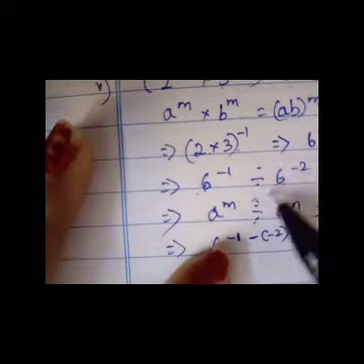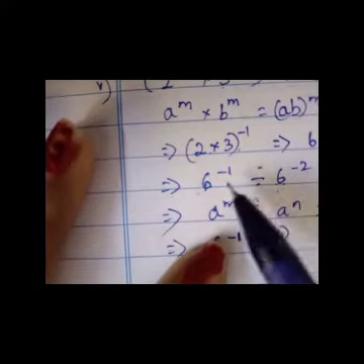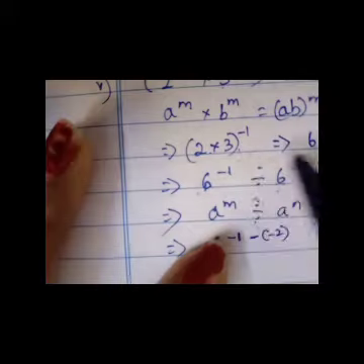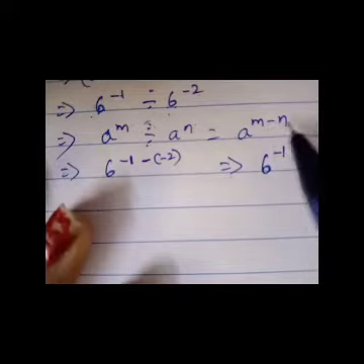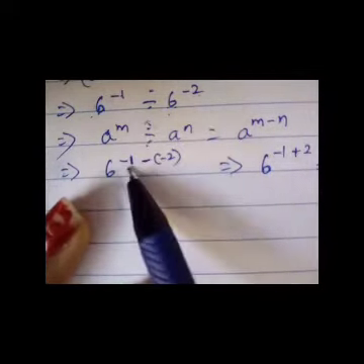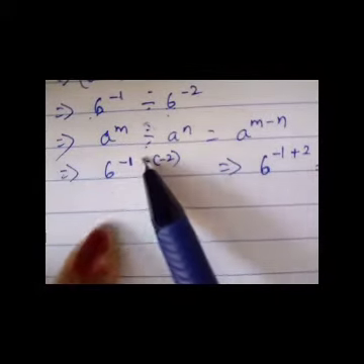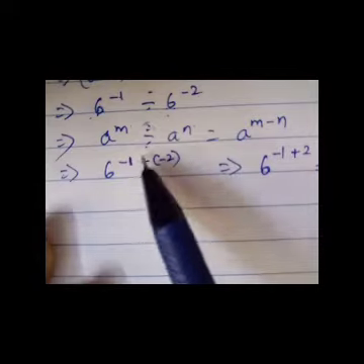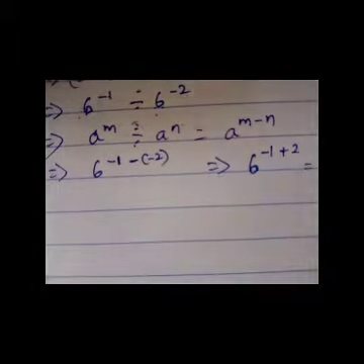As the division symbol is in the middle, it is the quotient rule, the bases are the same, so you have to subtract the powers, that is a power m minus n, which is equal to 6 power minus 1 minus minus 2. So minus into minus is plus. So 6 power minus 1 plus 2 is 6 power 1.